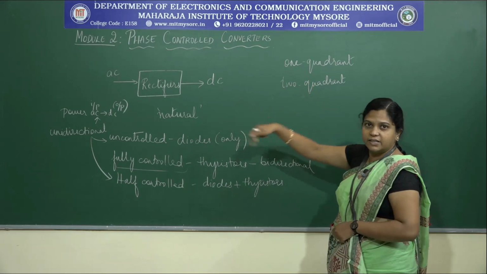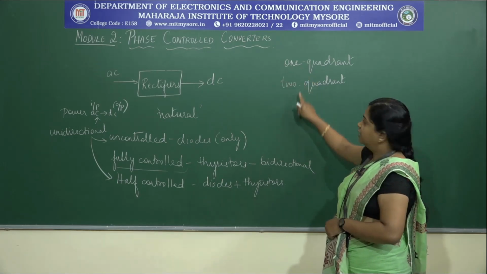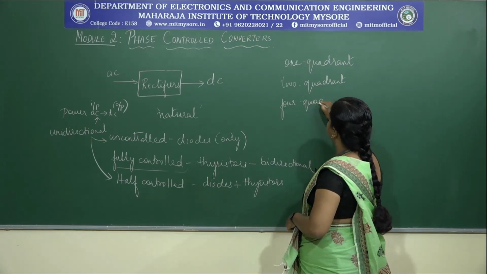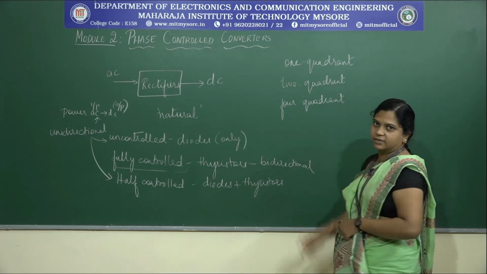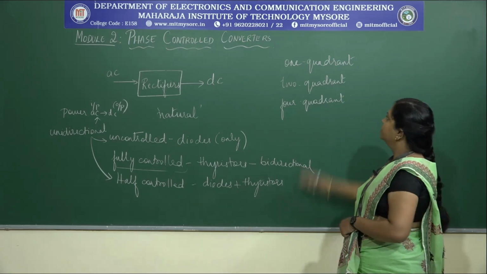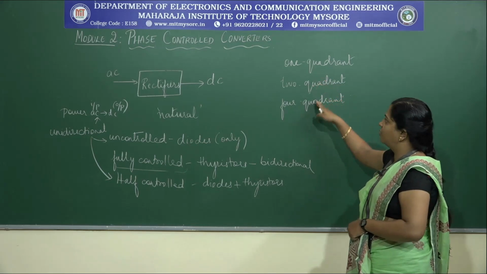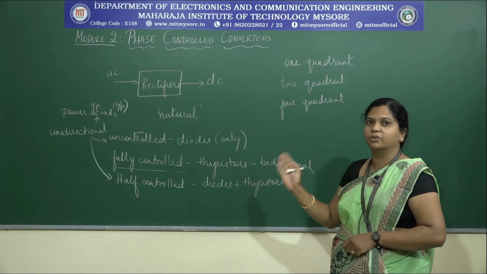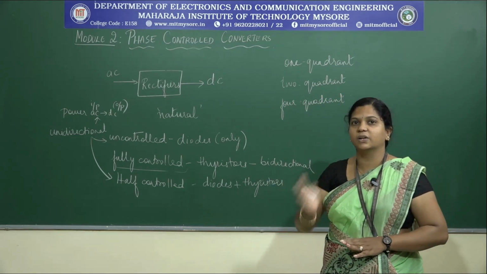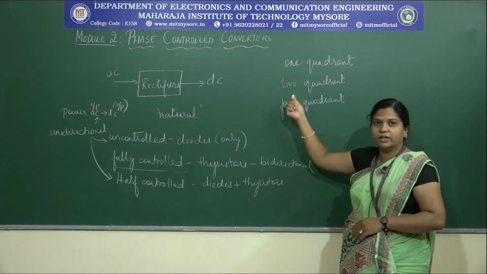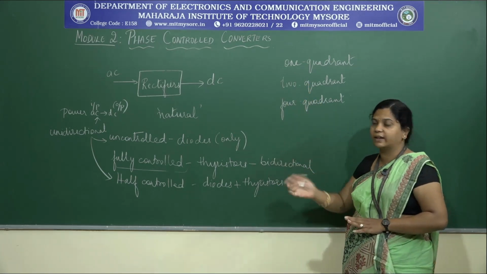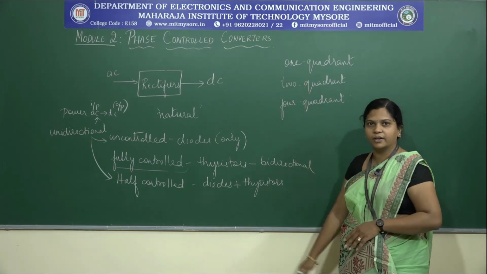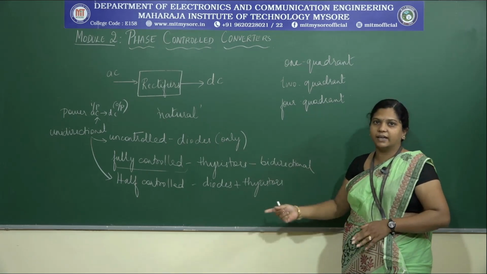For now, the rectifiers are classified as single quadrant, two quadrant as well as four quadrant converters. Depending on how voltage versus current spreads out along the graph, we classify them as single quadrant, two quadrant and four quadrant converters. Now, let us see the diagram in detail.